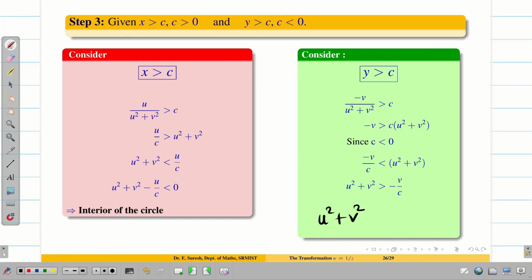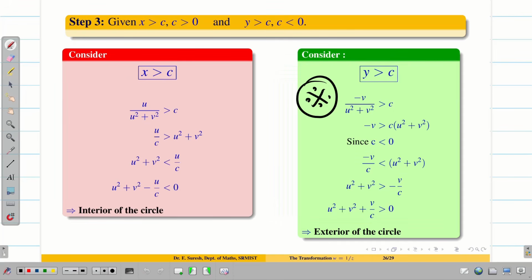Simplifying further, we get u square plus v square plus v by c greater than 0. The coefficients of u square and v square are the same and equal to 1. So it represents a circle, but we have greater than 0. So greater than 0 means it is the exterior of the circle. So this is a very important part. If you make a small error, you lose everything.